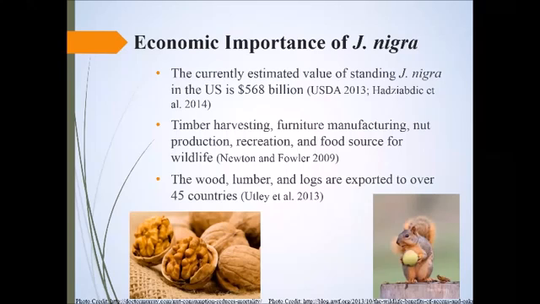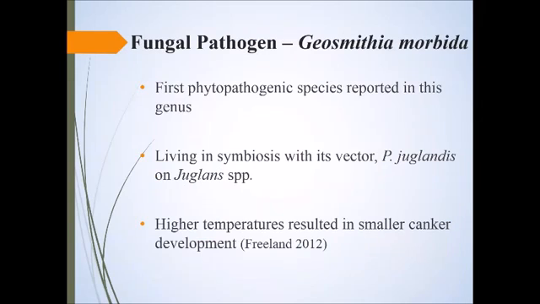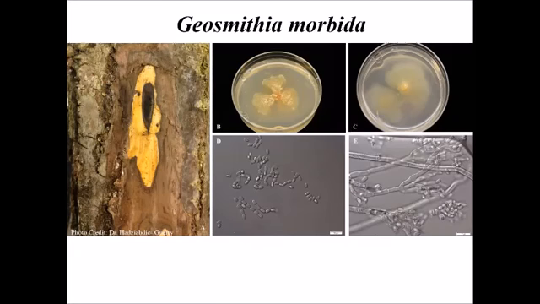Higher temperatures resulted in small canker development. The first picture shows canker development under the bark, and the second and third show 4-week-old Geosmithia morbida cultures. These are conidia, cylindrical to ellipsoid, and conidiophores forming chains.